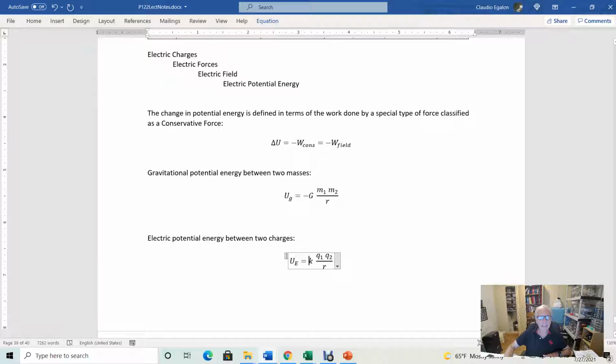We do not need the negative here. Why is that? We do not need the negative because if those two charges are attracting one another, one of the charges automatically will have a negative value. So in the case of attractive charges, the negative is already placed in either charge 1 or 2.